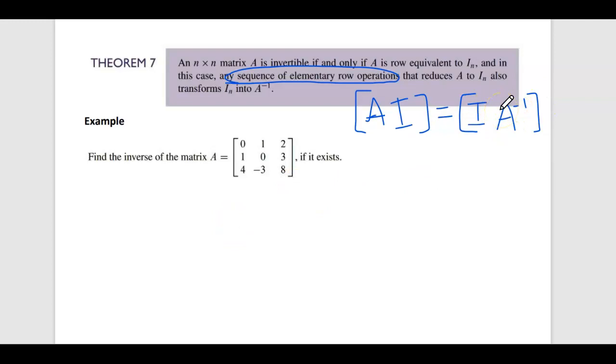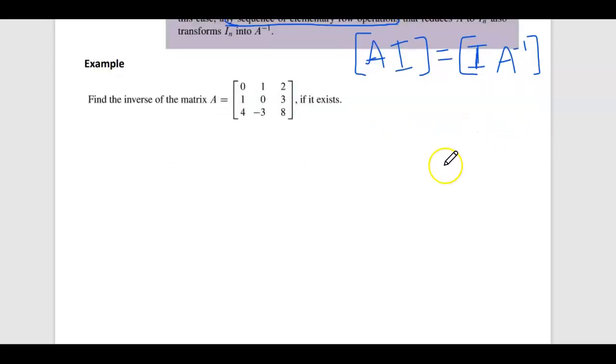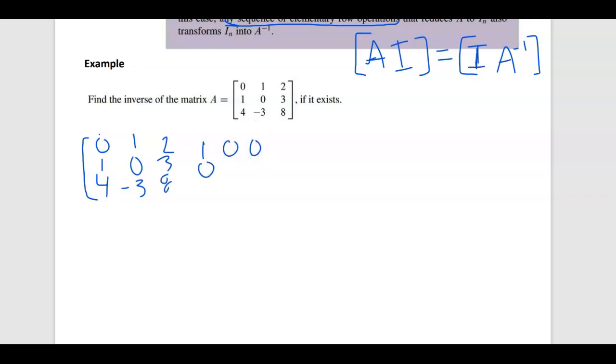That's what this theorem is essentially telling you: A is invertible only if when you augment it with I, and you do a series of row operations on A, it then transforms this into I augmented with A inverse. All right, so let's do that here with this example. So we augment A. I don't know if augment is actually the right word here, but you place it next to the same n by n identity matrix here.